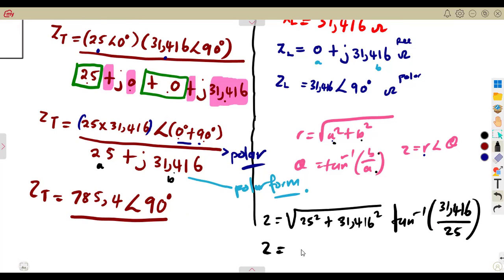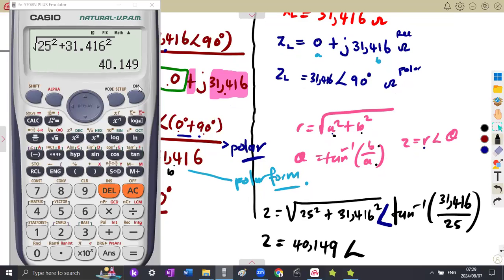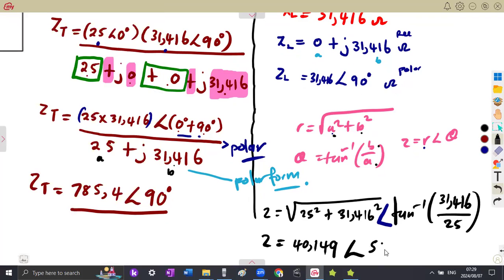Then the angle: arctan of 31,416 over 25 gives 51,488 degrees. So this is it, guys.